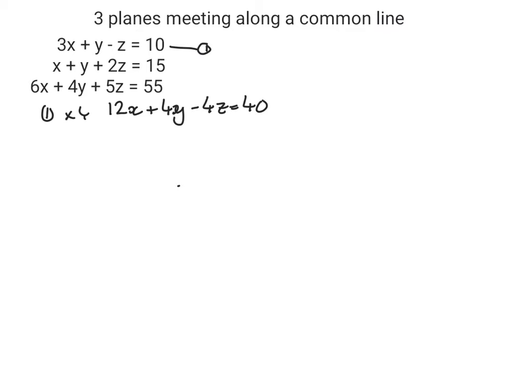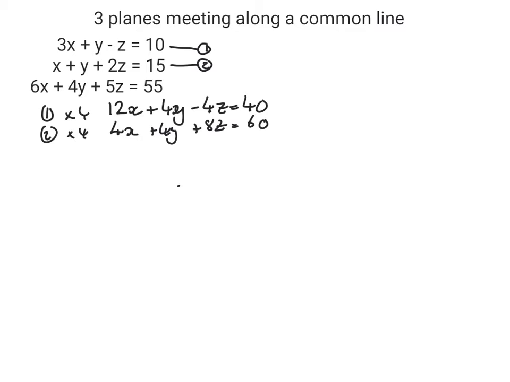And then I'm going to multiply the second equation by 4 as well, and that's going to give me 4x plus 4y plus 8z equals 60. And we can see straight away that the ratio of those coefficients is not the same in any case. We don't have any parallel planes.